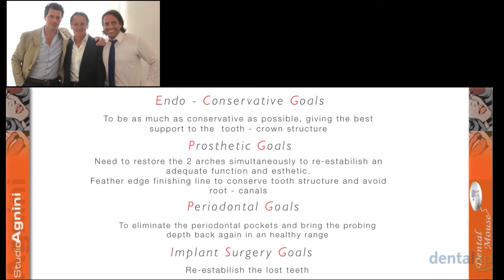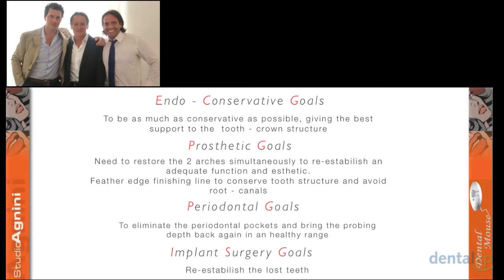So even if we have just one tooth that will need an endo treatment, we have to have endoconservative goals. We have to be as conservative as possible, trying to give the best support to the tooth crown structure, and again trying to be as minimally invasive as possible.